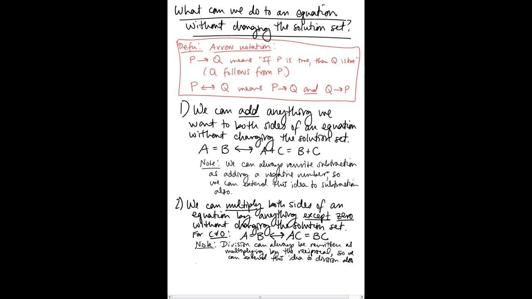Now there's one word of caution here. I want to note that if each side of the equation has multiple terms, you have to be sure to multiply every single term on each side by c.